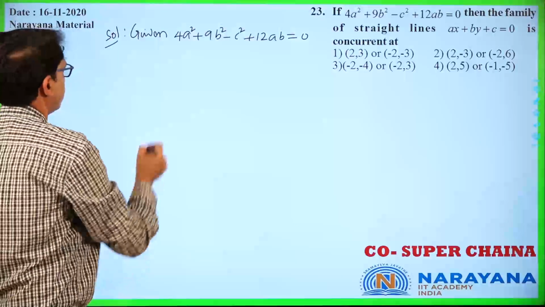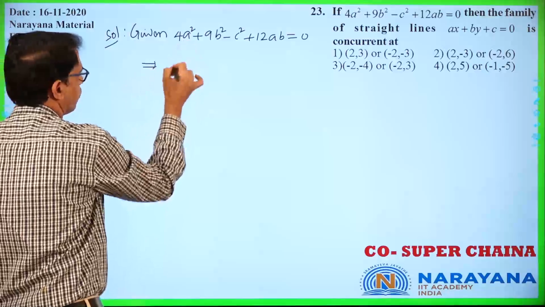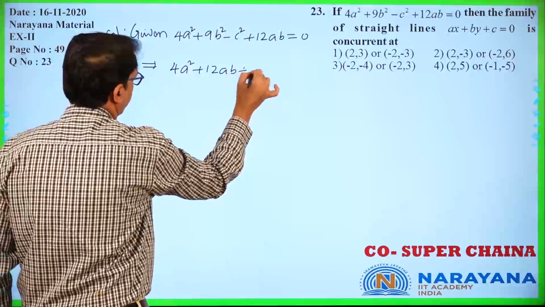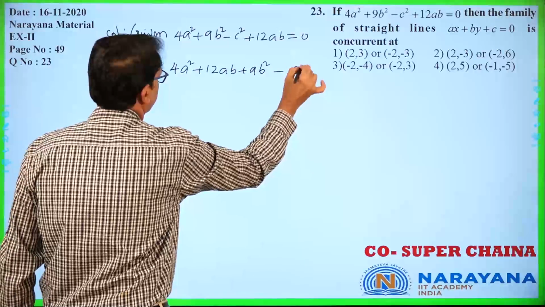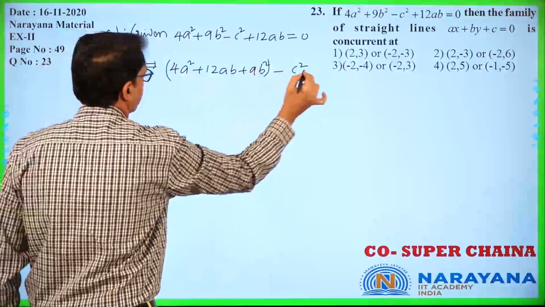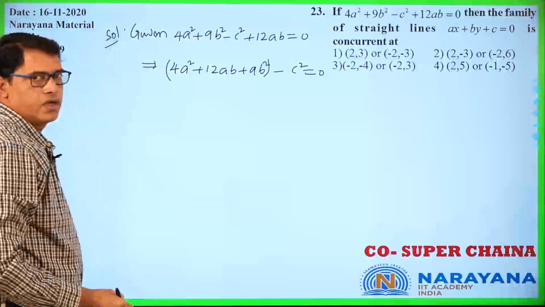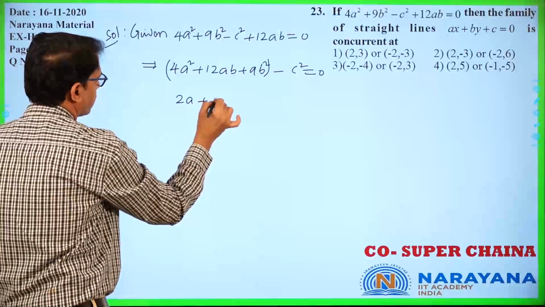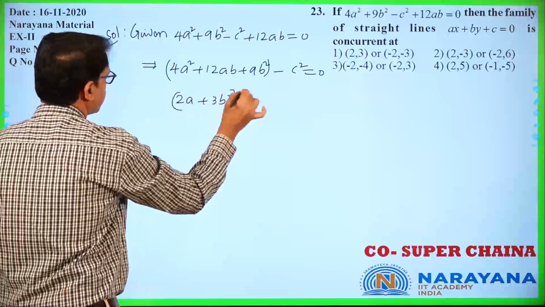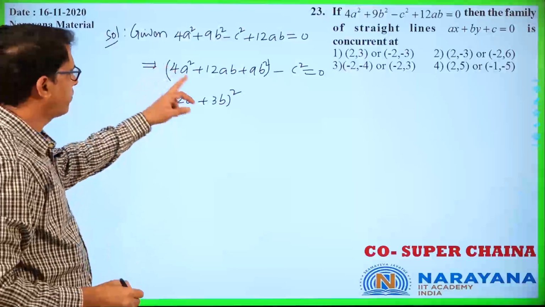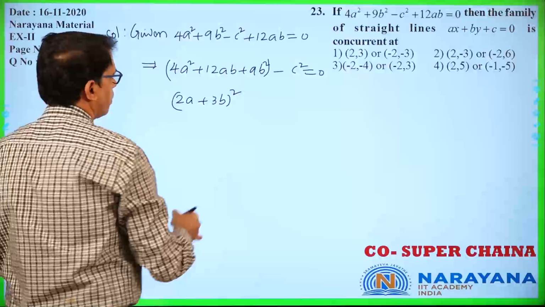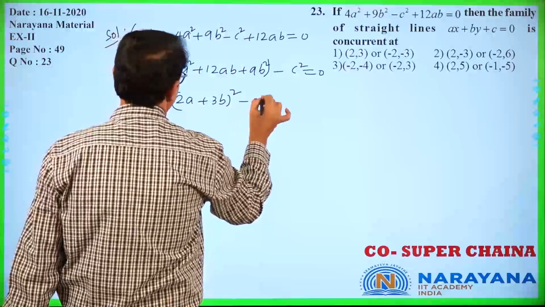So here it is nothing but 4a square plus 12ab plus 9b square minus c square equal to 0. It is nothing but a perfect square, 2a plus 3b whole square, since a square plus b square plus 2ab is (a plus b) whole square. So 2a plus 3b whole square minus c square equal to 0.